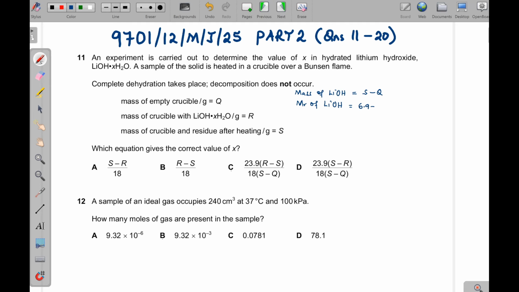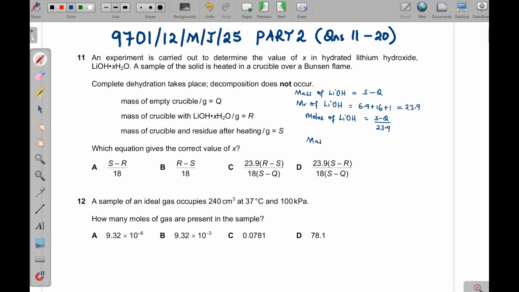Then plus oxygen is 16, then plus hydrogen is 1. So this is 17 plus 6, that is 23, then 0.9. So we have 23.9. So that means moles of lithium hydroxide is going to be S minus Q, which is the mass, divided by this MR. Okay, I keep that. Then I go to water.